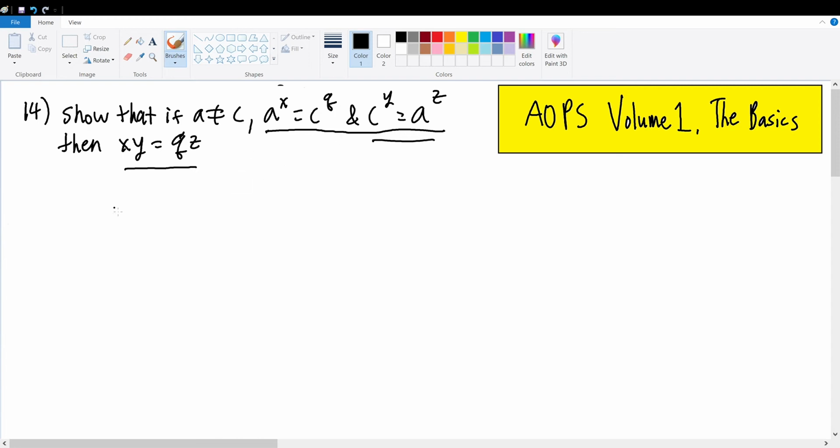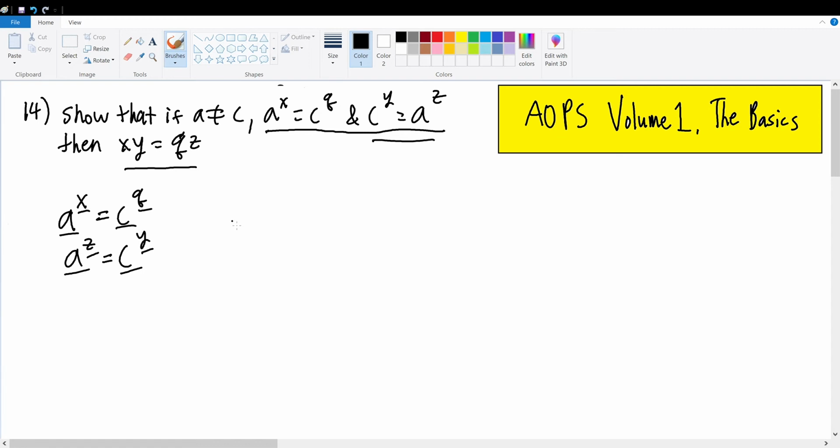And right off the bat, we see that a to the x power is equal to c to the q power, and a to the z power is equal to c to the y power. We see here that a has exponents x and z, and c has exponents q and y. So let us try to somehow utilize the properties that we can find for this relationship.